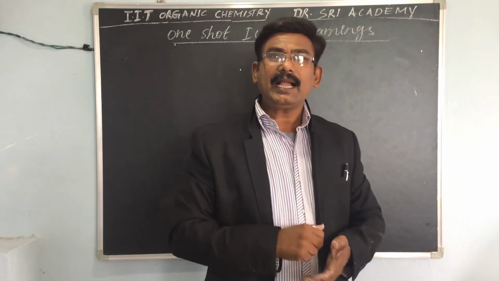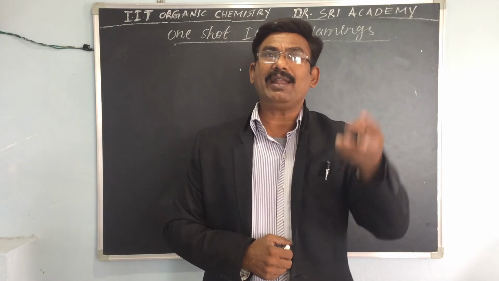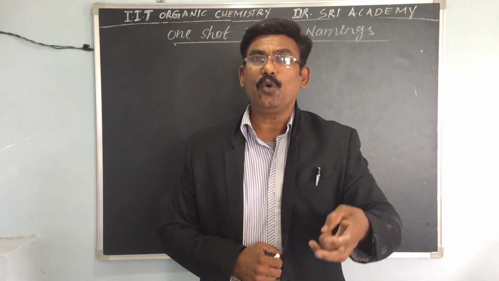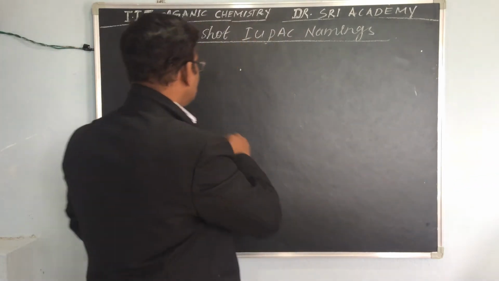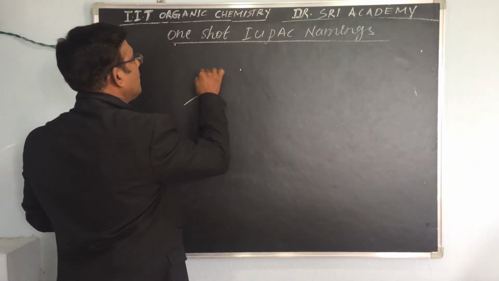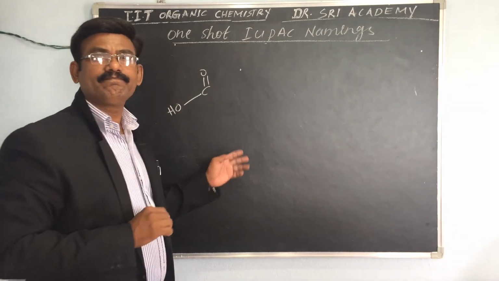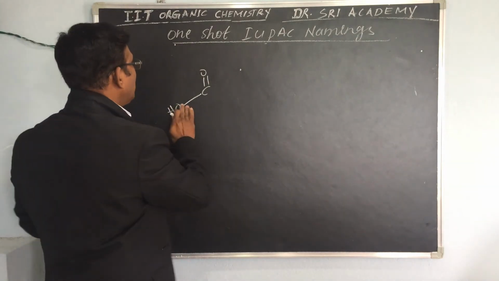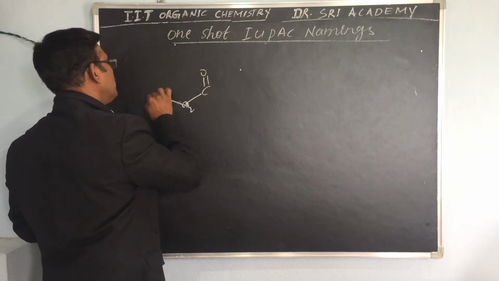In the second one we will see one acid group, one hydroxy, one keto, and halogens. How can you get that one? See, this is the one keto. This is hydroxy; one CH2 with a hydroxy group.